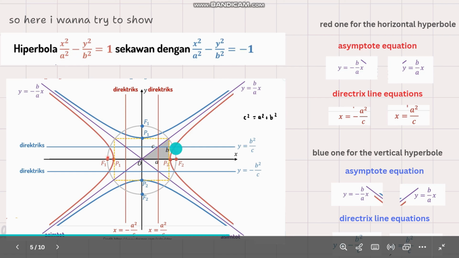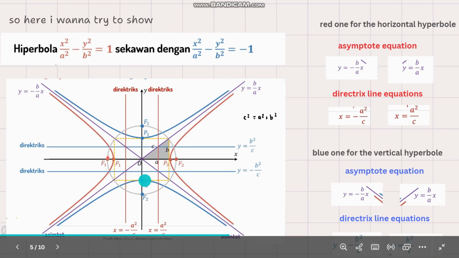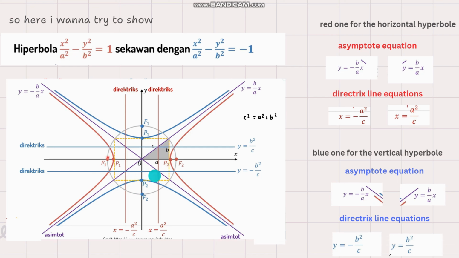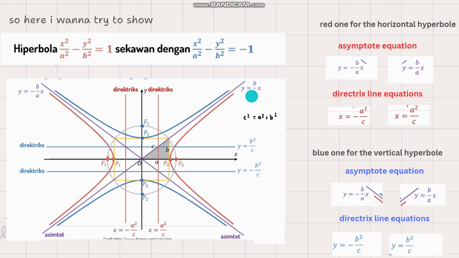With the focus points being F1 and F2, and the fixed points being P1 and P2, and the direction lines this and this, with the equation y equals to plus minus b square over c. And the asymptote for both hyperboles is the same, with the equation y equals to plus minus b over a x.